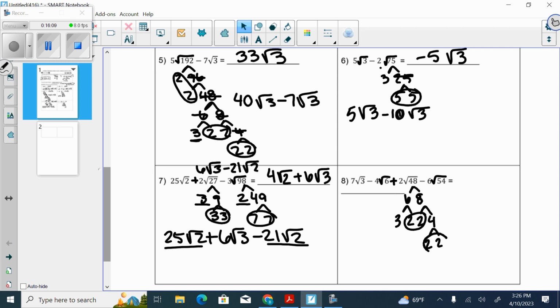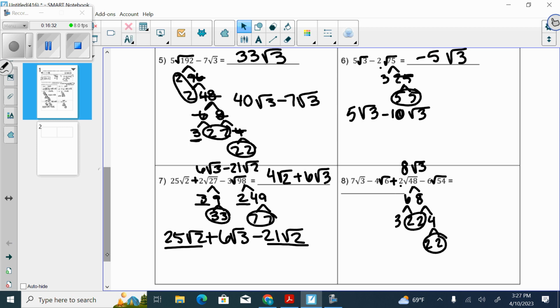So I got another pair of 2's. All right, so what do I do with those 2 pairs? Multiply. What is 2 times 2? 4. And there was already a 2 in front, so 4 times 2, which would be 8. Okay? And what would be left underneath that radical? The 3.